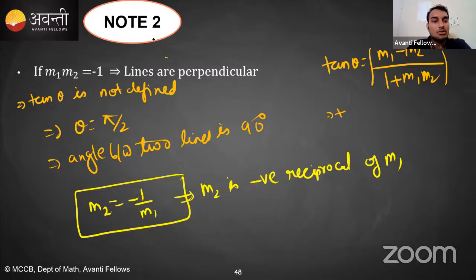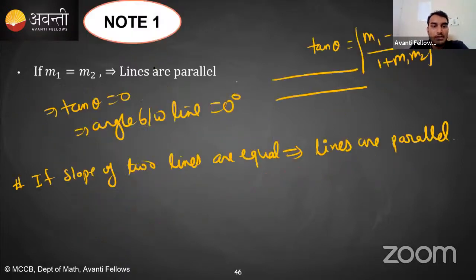Okay, so there is one more point that you should note here. When the lines are parallel, it means the slope of the two lines is equal.